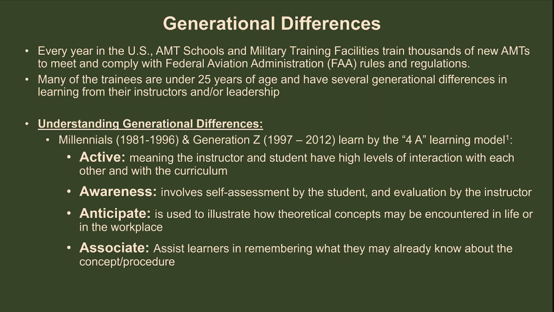Anticipate, the use of illustrations of theoretical concepts that are encountered in life and around their work. And the last is associate, which assists learners in remembering what they already know about current concepts or current experiences that they might have in their life.